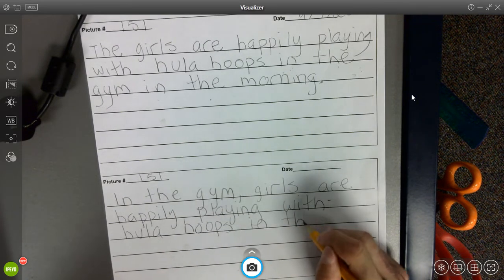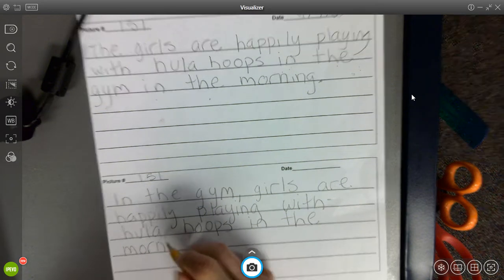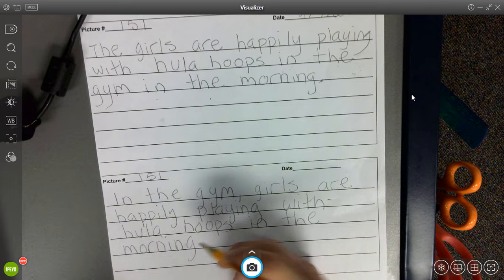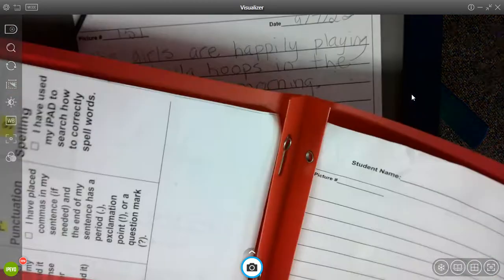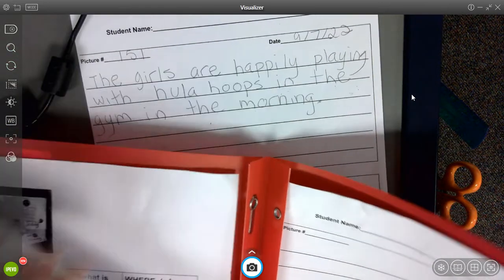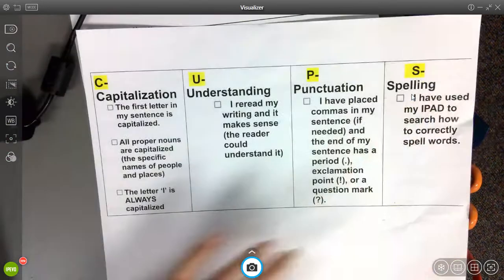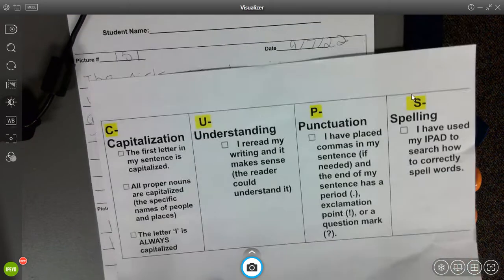And now I just have one more thing to do. I need to look at my cups sheet and make sure I actually wrote these sentences clearly. So your cups sheet should live in your writing center folder. Your cups sheet looks like this. And I need to check, does my sentence have capitalization?